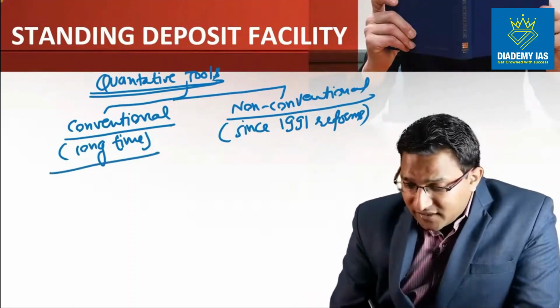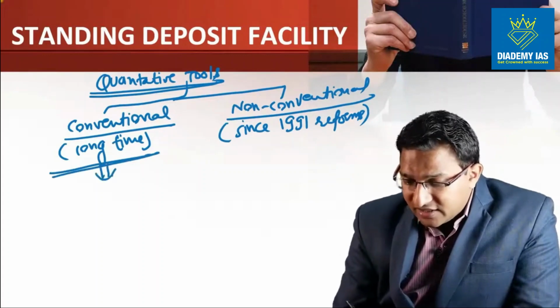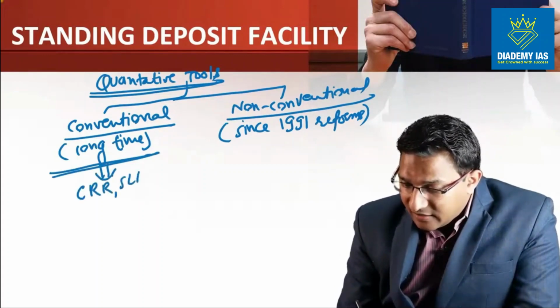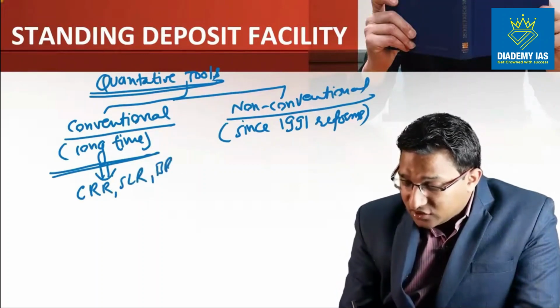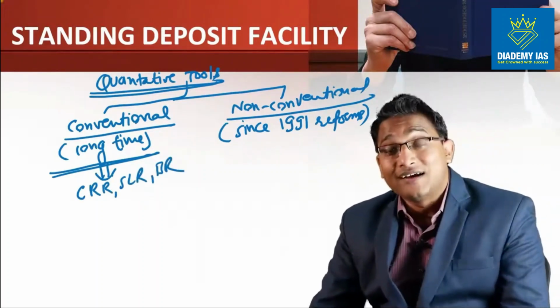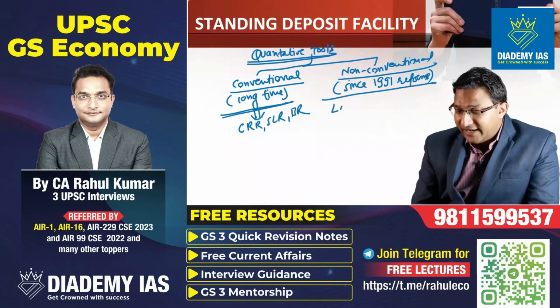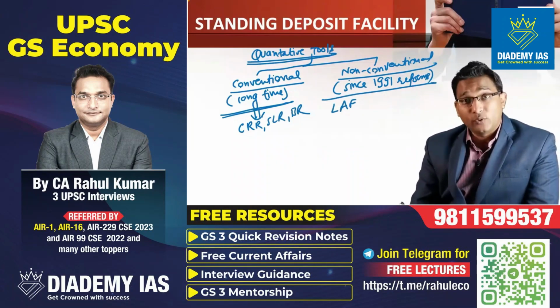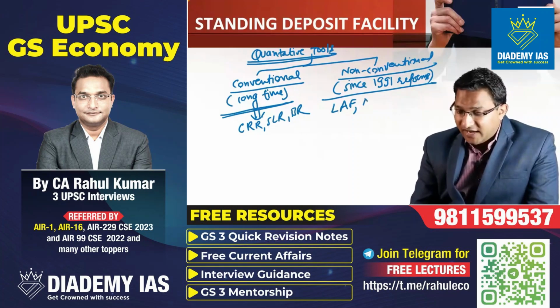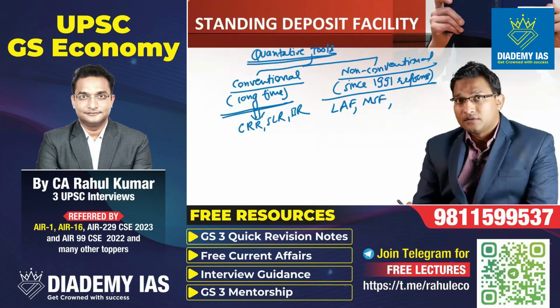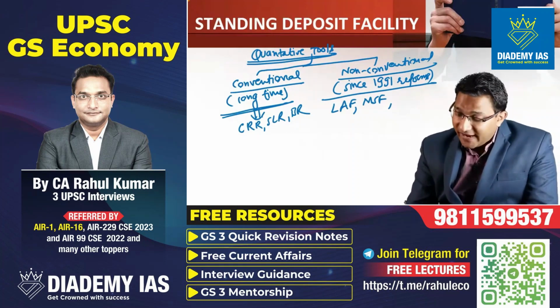So out of the quantitative tools, which tools fall in this category? CRR, SLR and bank rate. So these three tools fall in the conventional category. In the non-conventional, we have liquidity adjustment facility, that means repo rate and reverse repo rate. We have marginal standing facility, that is an emergency facility. We have market stabilization scheme, right?